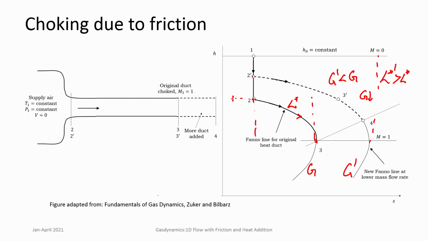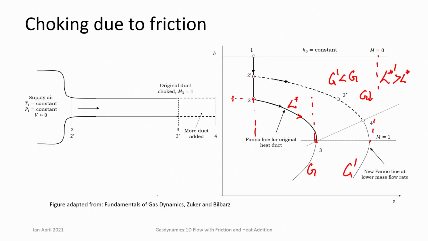So, the idea here is in subsonic flow, initial subsonic flow, if you have approached the choking point at the end of the duct, that is the maximum possible length that can be sustained by that particular conditions. If you want to change anything, like add more duct length, then it affects the upstream.